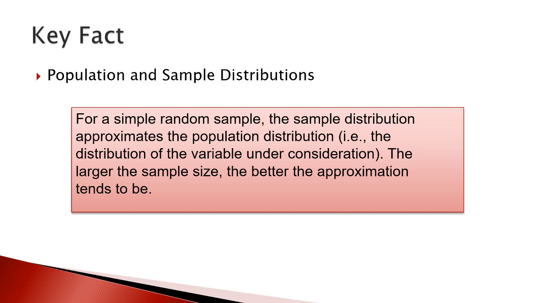When we increase the sample size, the approximation from the sample to the population will get better and better. That is the main idea of the approximation of a sample distribution to the population distribution.